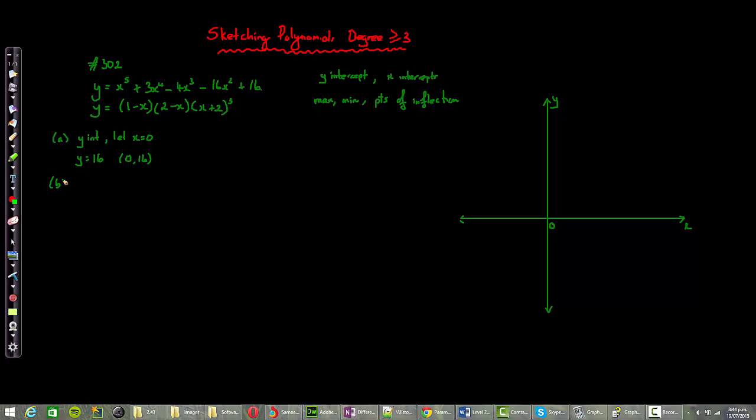Okay, let's have a look at the x-intercepts. Once again, this will be where it cuts the x-axis. Now for this function here, we might better see from that factorized form that it will cut actually at 3 different points. And when will that occur?